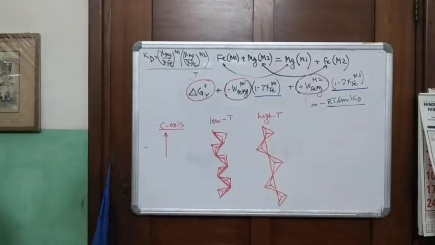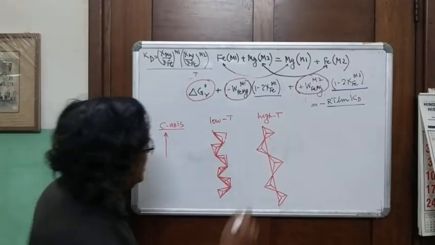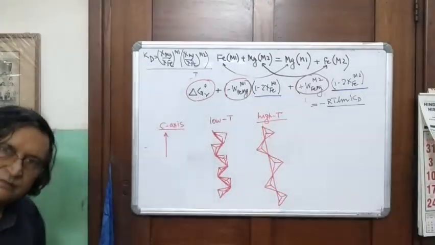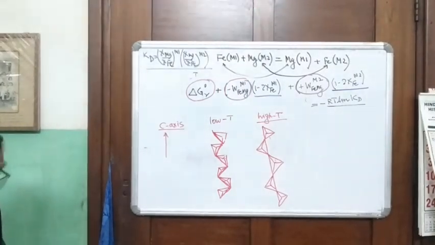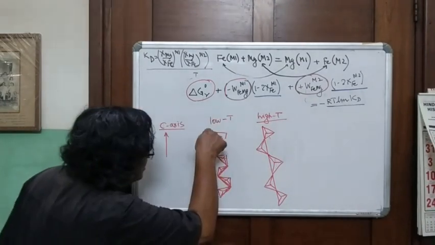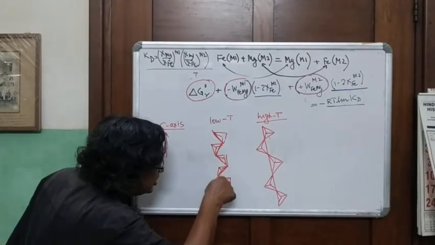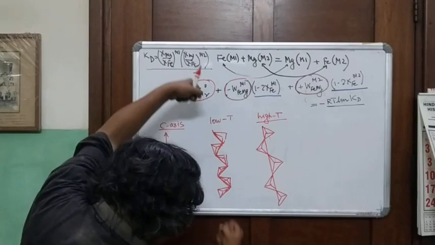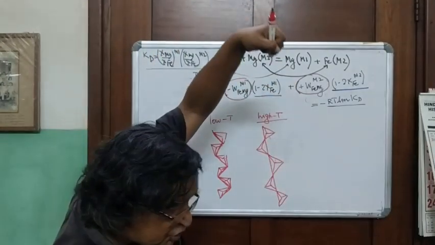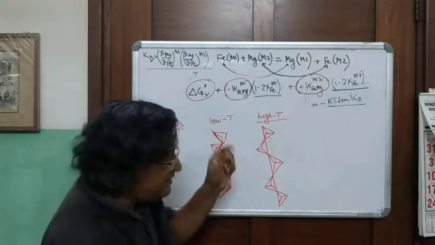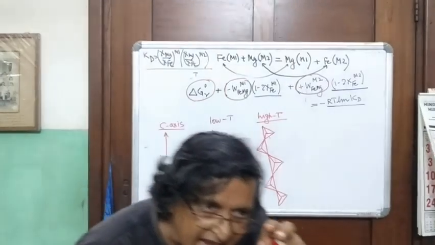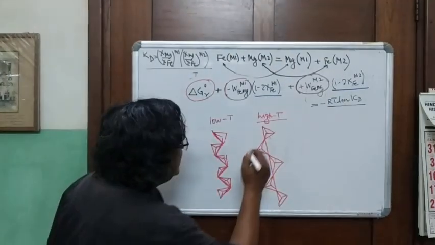This is how the SiO4 tetrahedron looks at high temperature, viewed parallel to the C-axis. Have you understood? So what happens from low temperature to high temperature? This crumpled nature of the C-axis becomes straightened. As it becomes straightened, the difference where M1 and M2 are lodged, that area changes.